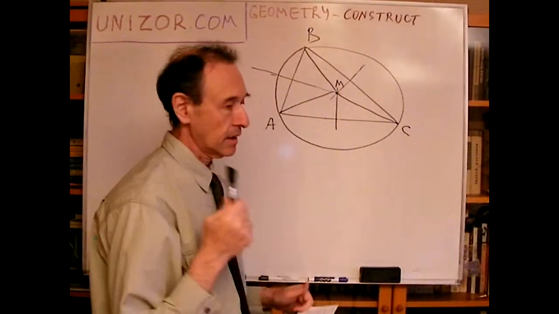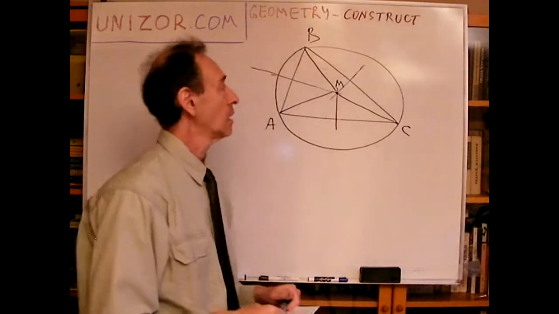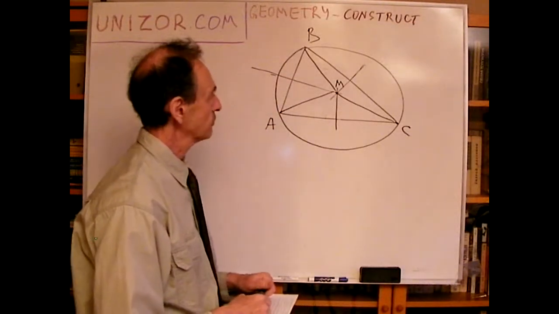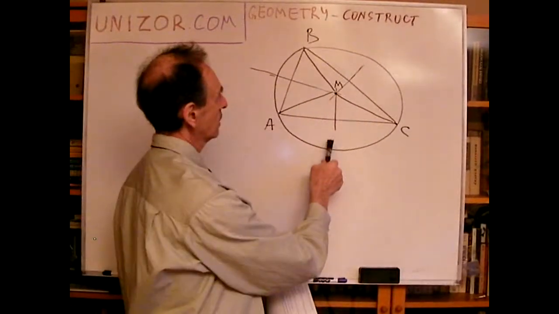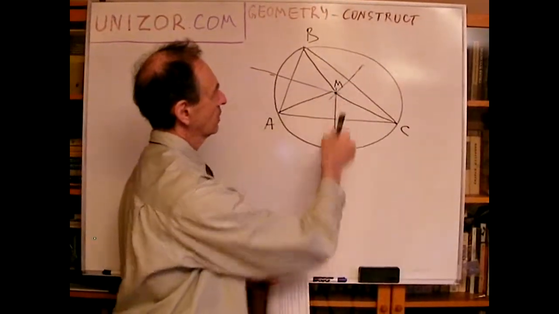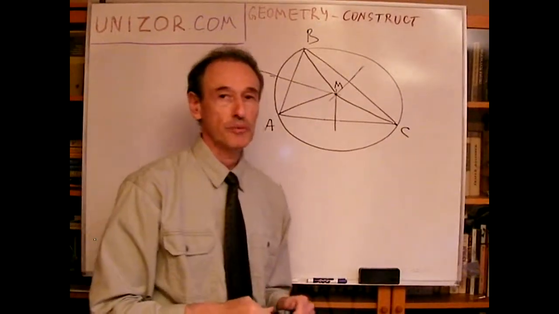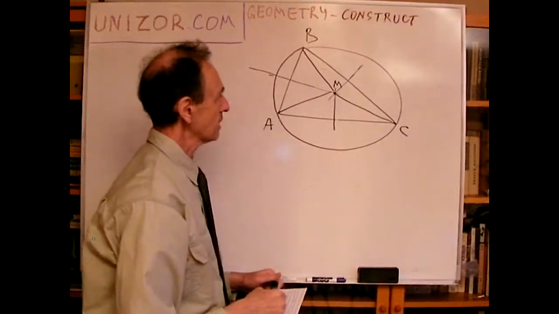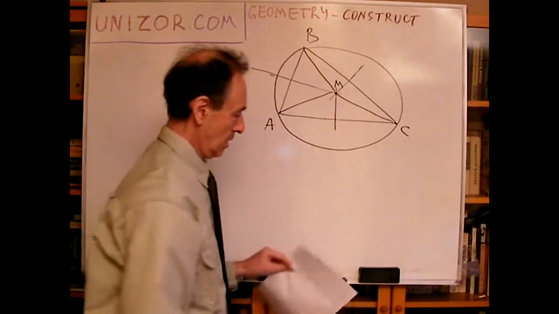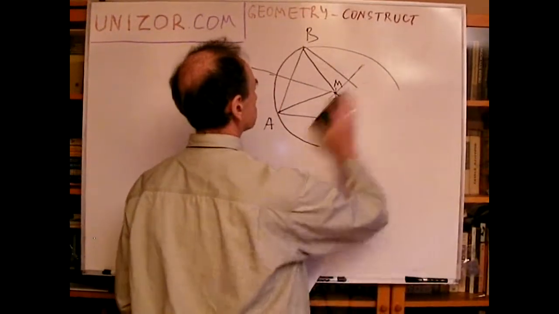So basically, if you would like to circumscribe a triangle, then you have to find the center of this circle by drawing at least two, you don't really need three, but at least two perpendicular bisectors of the triangle's sides. Okay, let's move on.